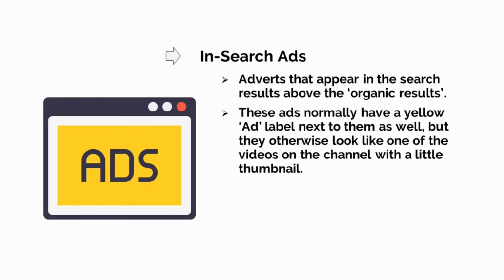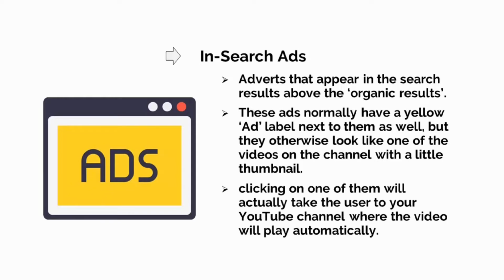These ads normally have a little ad label next to them as well, but otherwise they look like one of the videos on the channel with a little thumbnail. In-search ads behave a little differently from other videos on YouTube and from other adverts. This is because clicking on one of them will actually take the user to your YouTube channel where the video will play automatically.